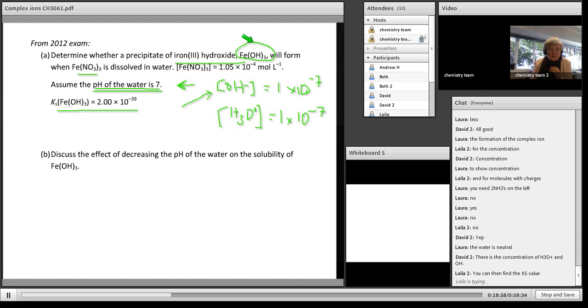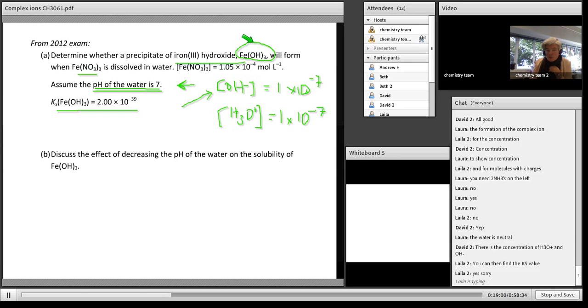So remembering what we did last week, always write the equation first, then the expression, then the calculation. You'll just make fewer mistakes if you do that. So the equation we're thinking of is FeOH3 in equilibrium with Fe3 plus and 3OH minus.